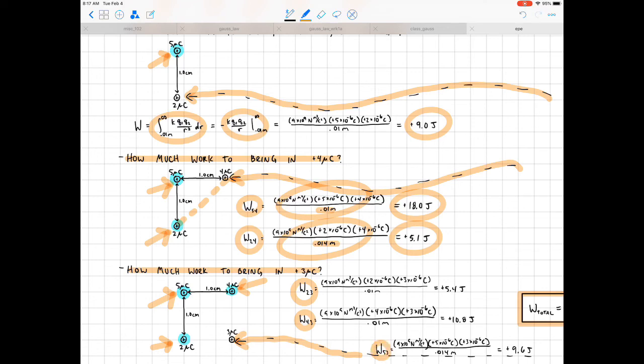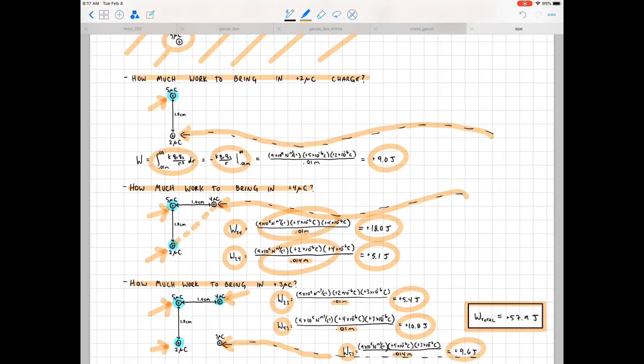Again, pay attention to the separations. I'm 1 centimeter away from 2 of the charges, but I'm 1.4 centimeters away from the third one. And so I do that calculation. I get these 3 values.